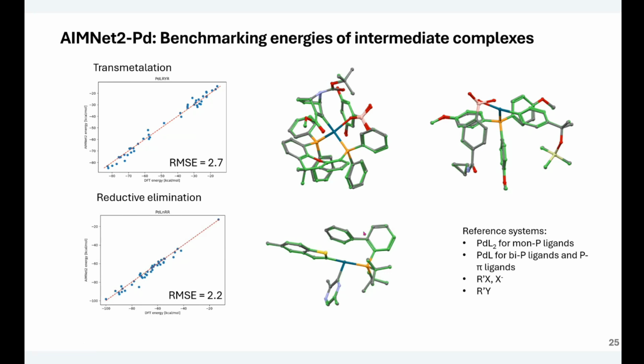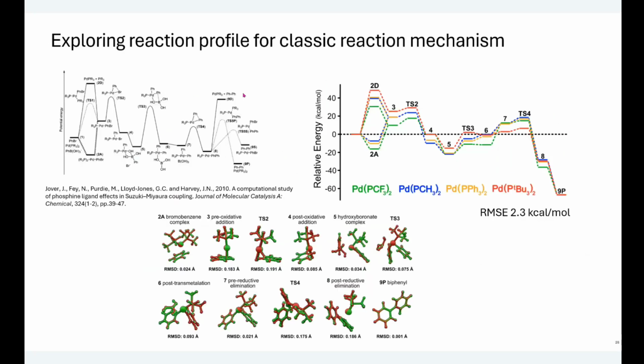So for geometry optimizations, AIMNet performs very well. For the energies, the accuracy is probably decent and good, and the method could be used to model the energies of different complexes.